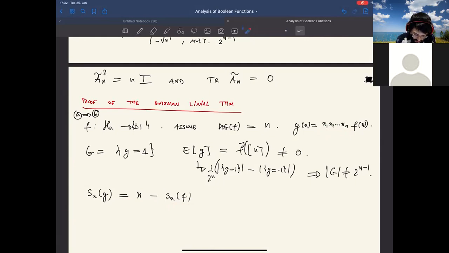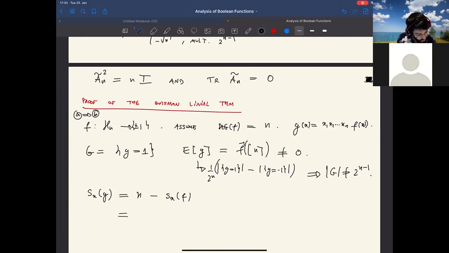But also, if you look at the graph of G, a neighbor has to be a point which is only at distance 1. So if I'm flipping this one variable, and if there is a neighbor, and this neighbor is in G, then the value of G doesn't change. Okay, so therefore the points which are not neighbors of some point X exactly tell you the sensitivity of G at that point.